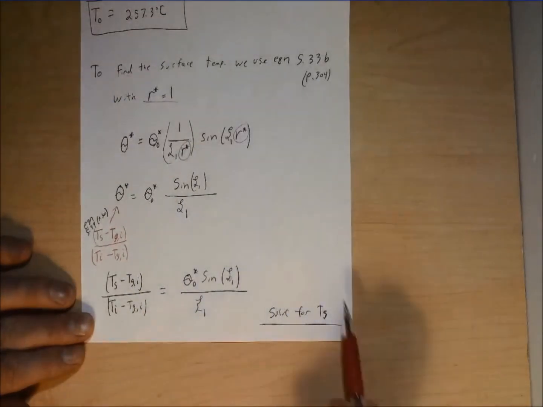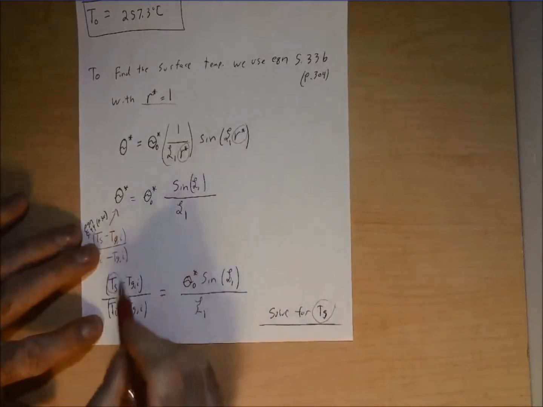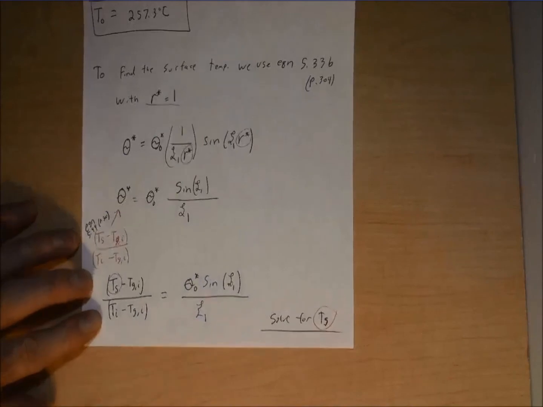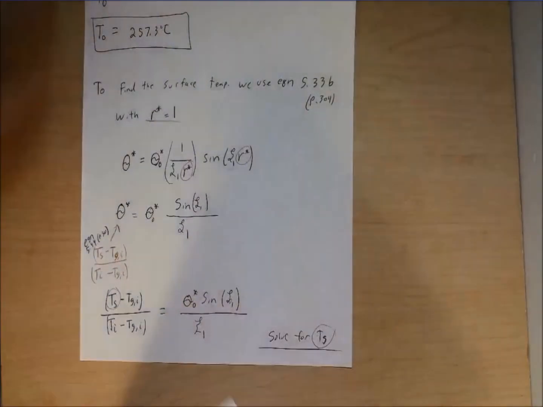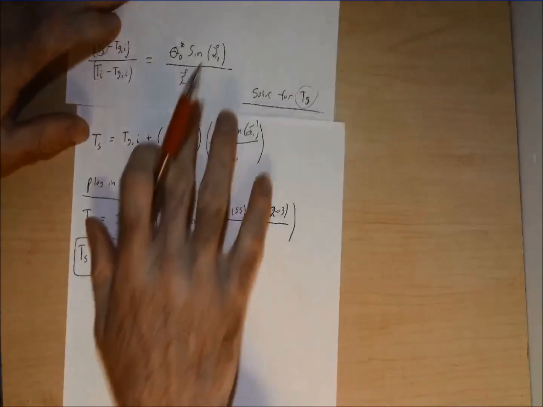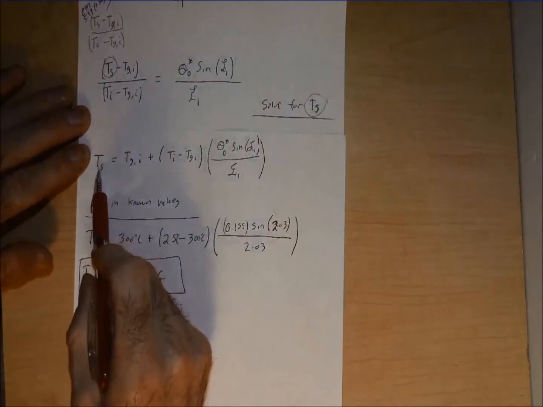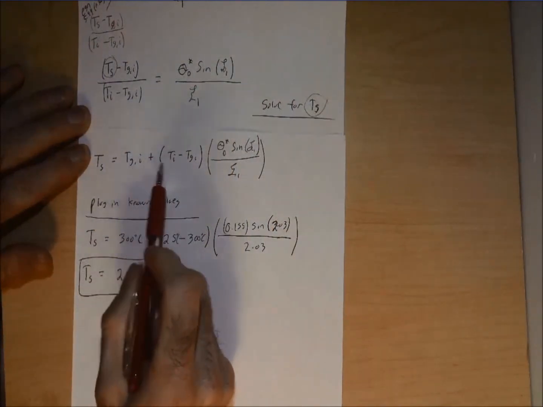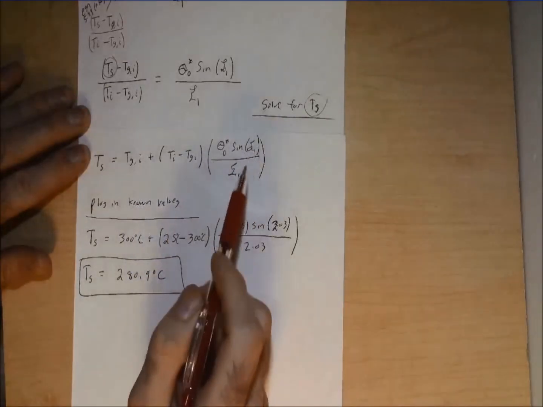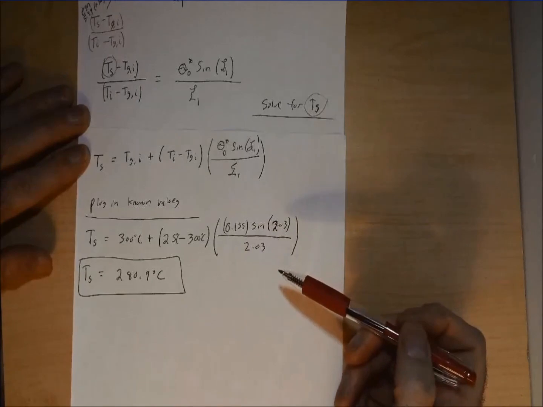Within this, we can now solve for our T sub s, or our surface temperature. We rearrange this, solve for Ts, and what we end up with for an equation is this here. T sub s is equal to T sub g comma I plus T sub I minus T sub g comma I times this over here on the right, where all of this is now known numeric values that we can straightforwardly plug and chug.